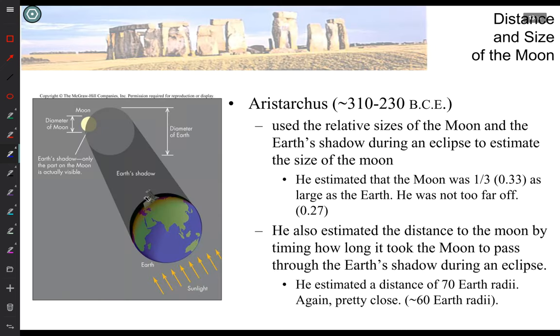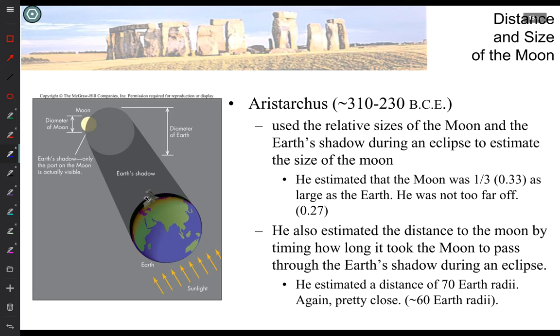So how do we have information and how long have we had it? Aristarchus, a little after Aristotle, but in the same rough time frame, from 310 to 230 years before Christ, used the relative size of the shadow of the Earth and the size of the moon to say the shadow of the Earth is about 3 times bigger than the diameter of the moon.